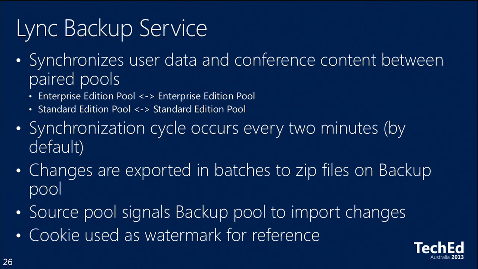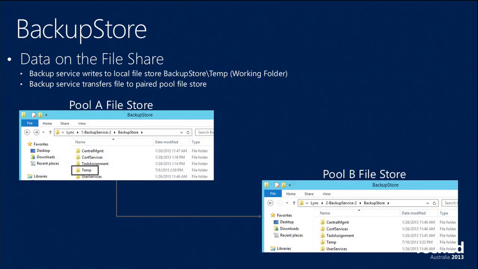The pool gets the files, imports the data, sets a cookie as a high watermark, and therefore it's aware of the last state or status change that it received from the primary pool. And obviously this service is working concurrently, right? So pool B is backing up pool A, and pool A is backing up pool B. Therefore, a loss of either of those can be readily resumed from a user perspective in that environment.